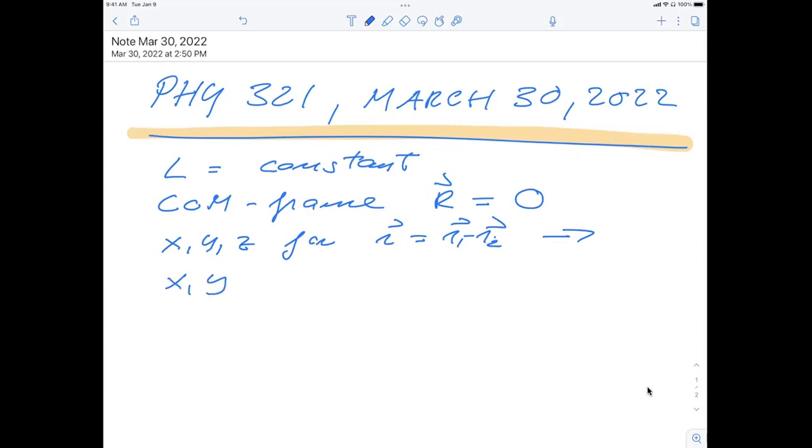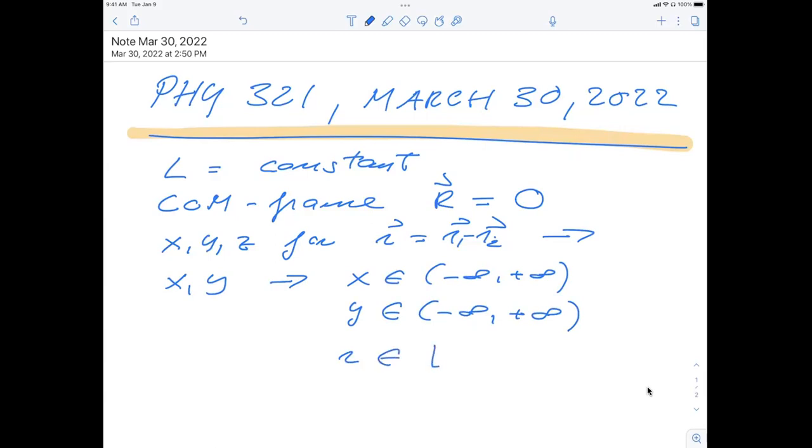And then what we did was simply to switch to polar coordinates. So remember now that x goes from minus infinity to plus infinity, and y is also defined from minus infinity to plus infinity, whereas r, which we switch to, is defined from 0 to infinity, and the angle phi is defined from 0 to 2 pi.